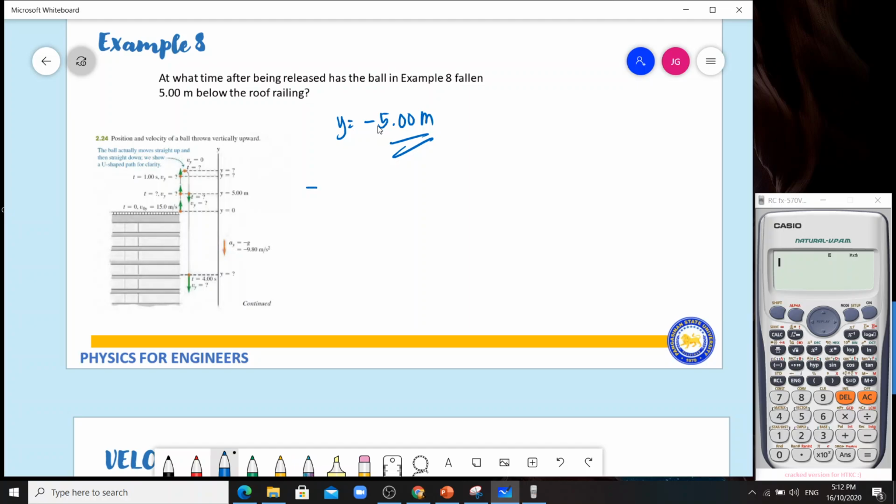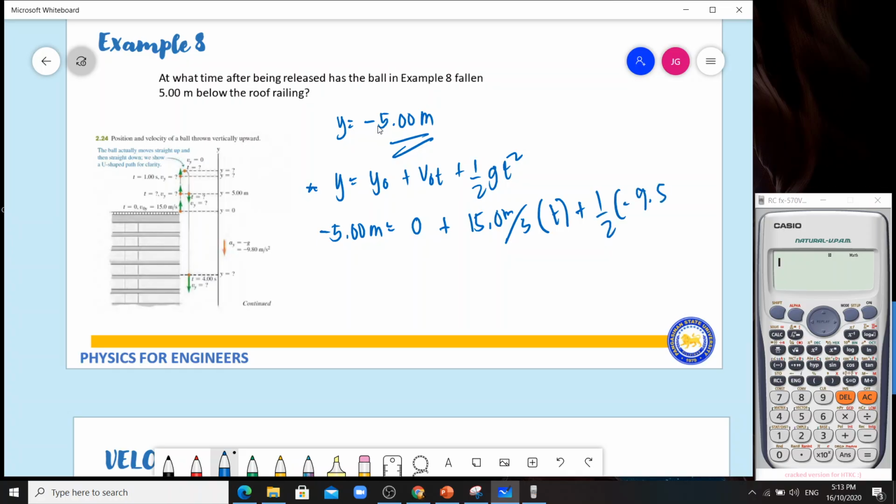So, syempre, malalaman natin yan gamit ang y is equals to y0 plus V0t plus 1 half gt squared. Okay? Negative 5.00 meters is equals to 0 plus 15.0 meters per second times time na at what time yung hinahanap. Okay? Plus 1 half negative 9.8 t squared.